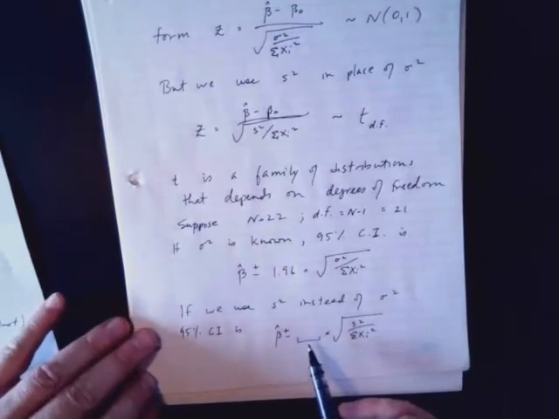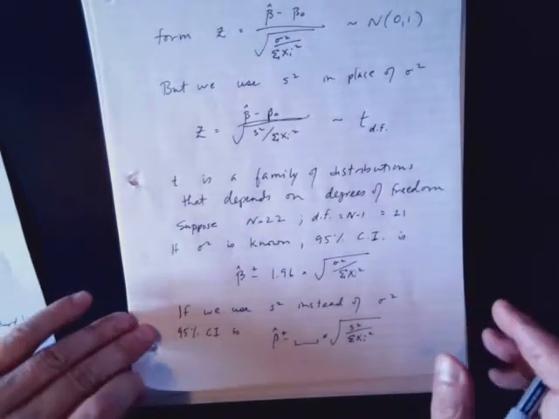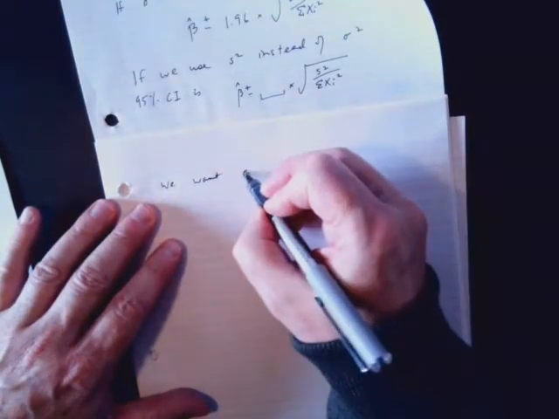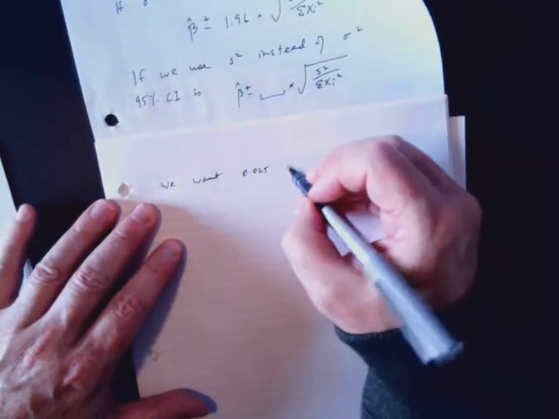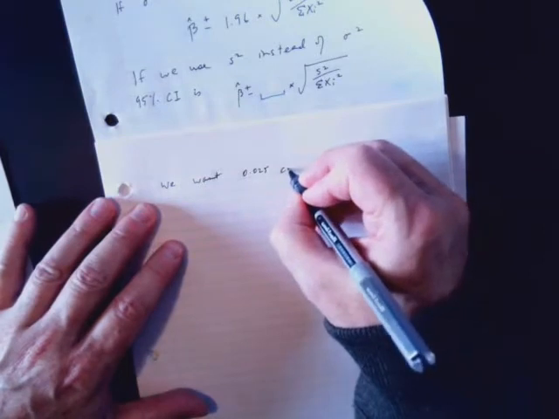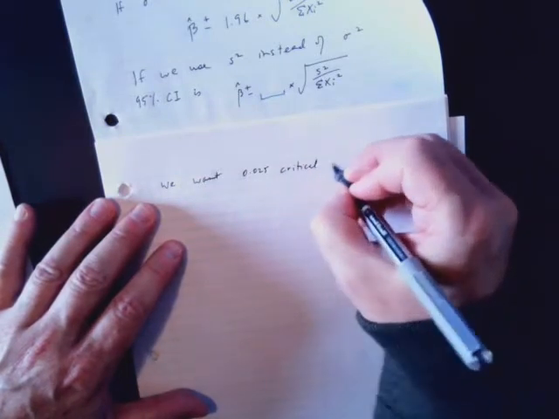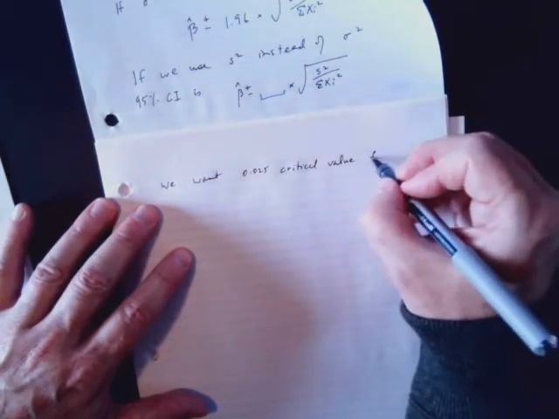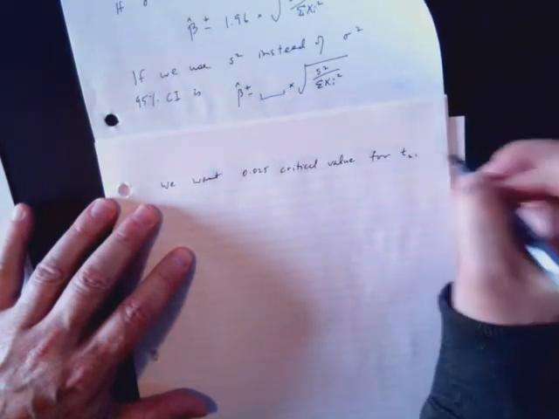So what we want to do is move this up here. We want the 0.025 critical value for t with 21 degrees of freedom.